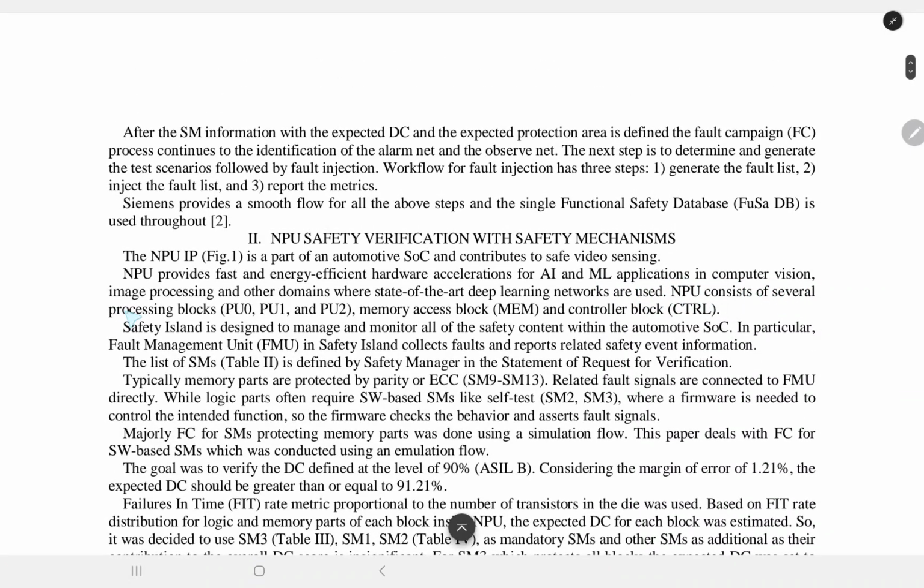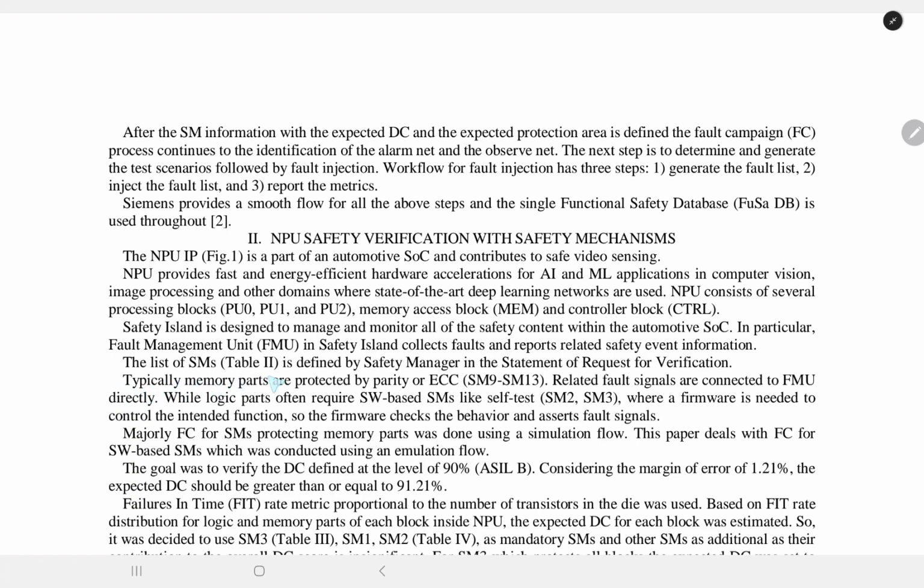The NPU consists of several processing blocks, PU0, PU1, and PU2, a memory access block MEM, and a controller block CTRL. The safety island is designed to manage and monitor all of the safety content within the automotive SoC. In particular, the Fault Manager Unit (FMU) in the Safety Island collects faults and reports related safety event information. The list of SMs, Table 2, defined by the safety manager, is the statement of request for verification.